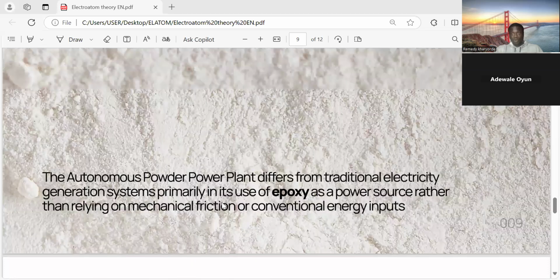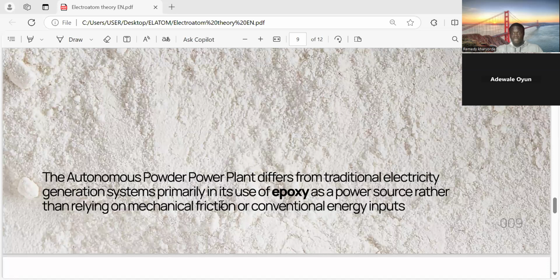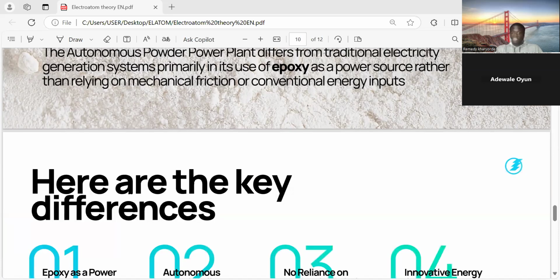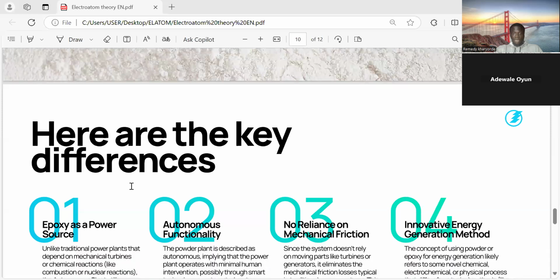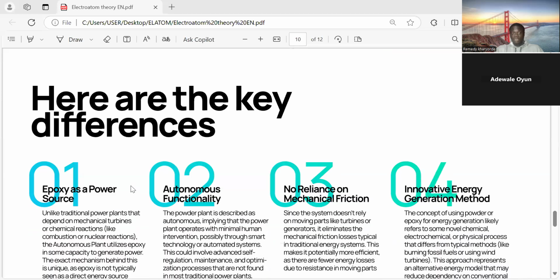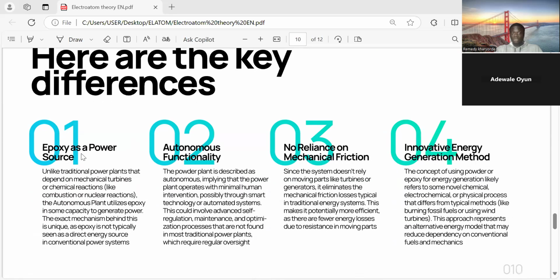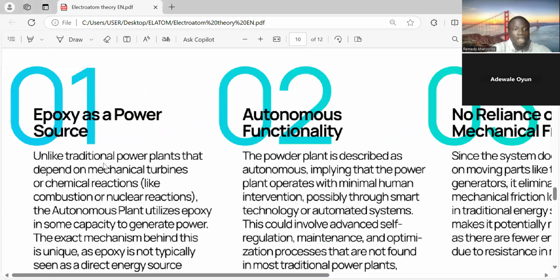We also make use of friction, as stated above, and of the electromagnetic field of the Earth. So these are the key differences that make us different from the traditional means. The first one is epoxy as a power source.